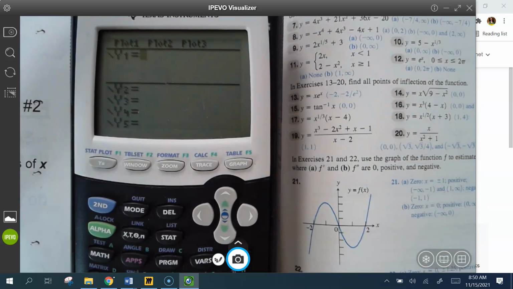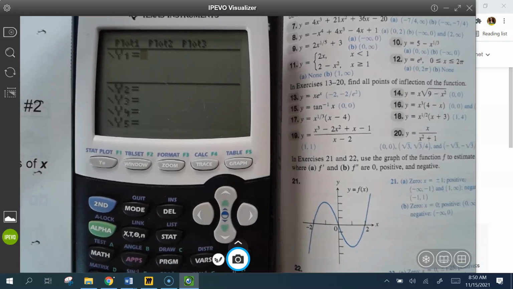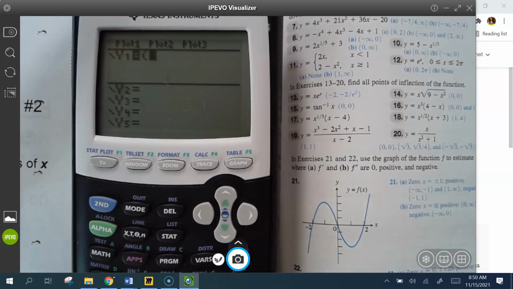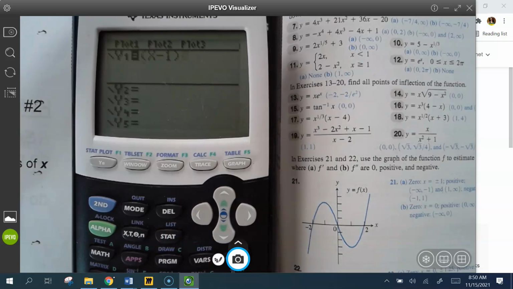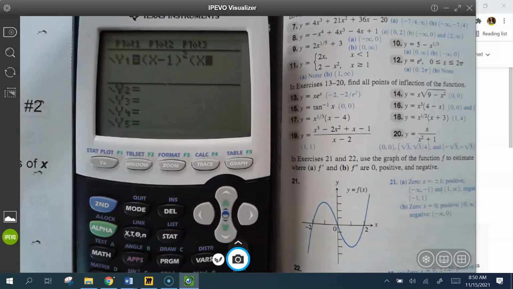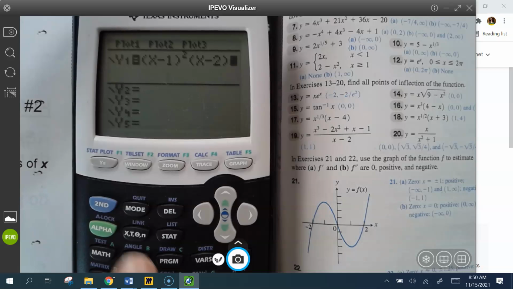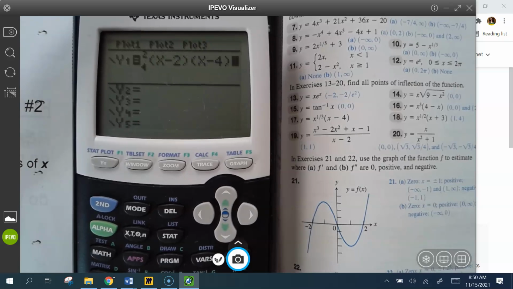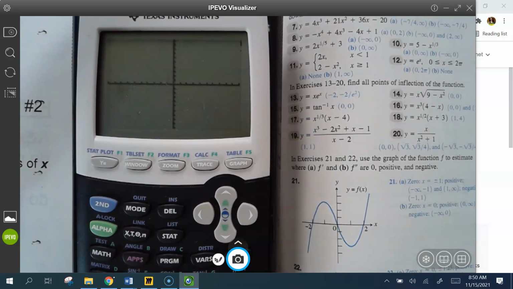I'm going to put the first derivative, which was given, in the first y equals because I can call that up if I need to. I'm not doing the derivative just yet. Let me show you what I was talking about.